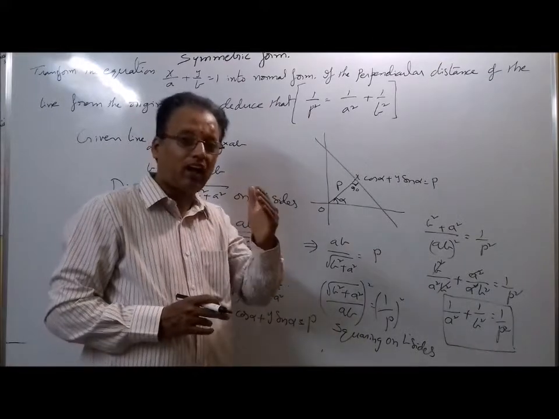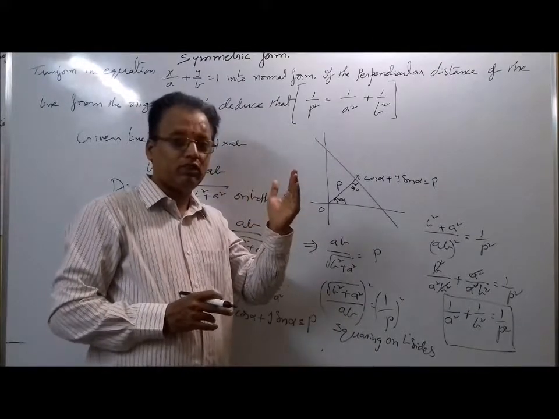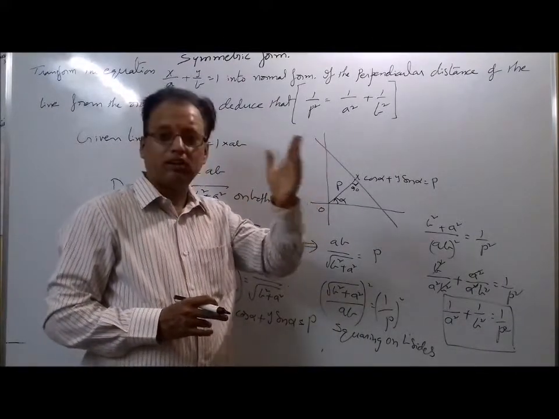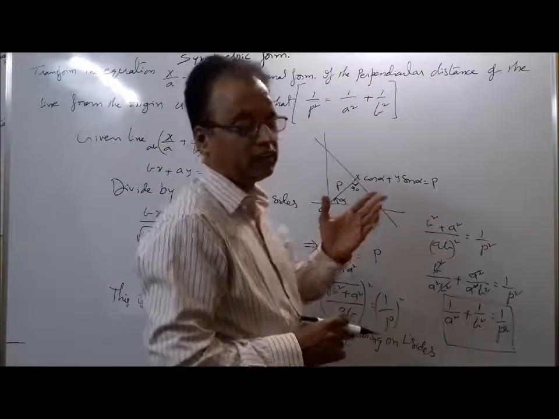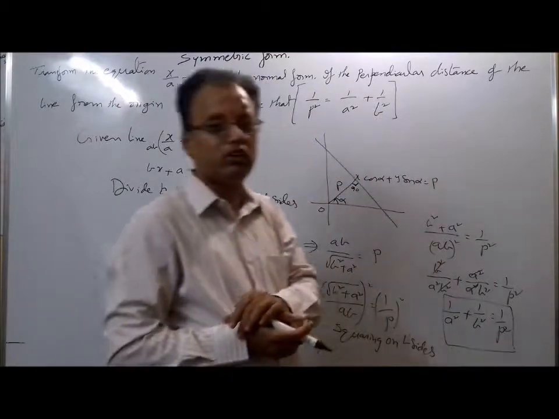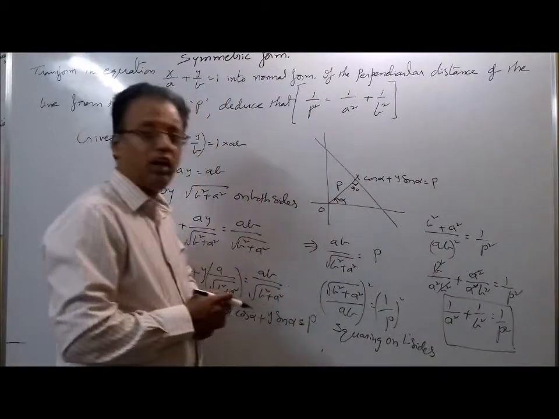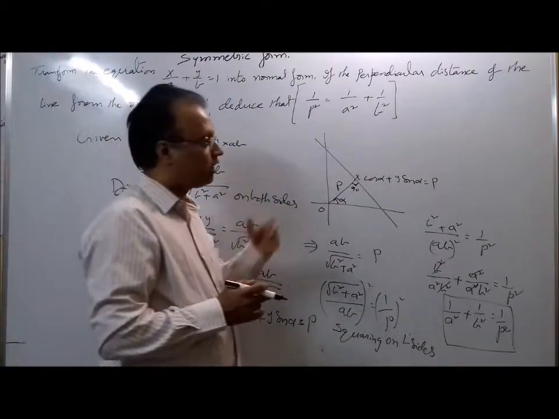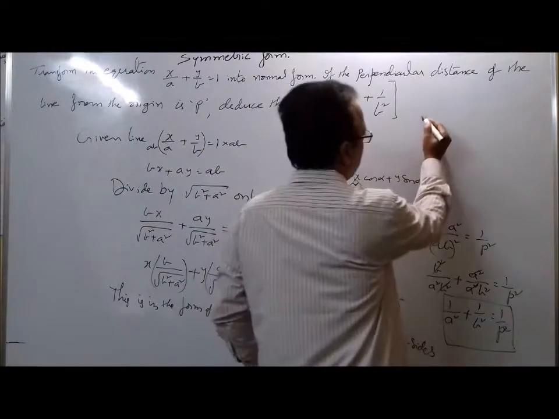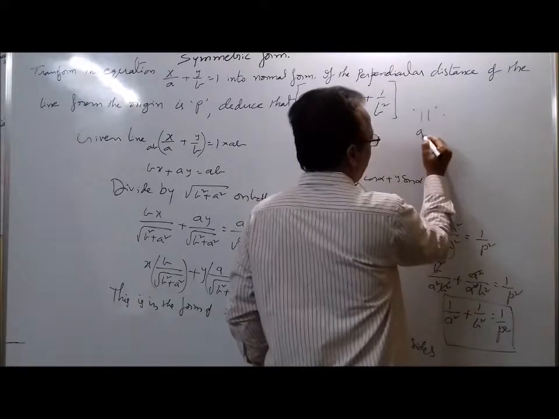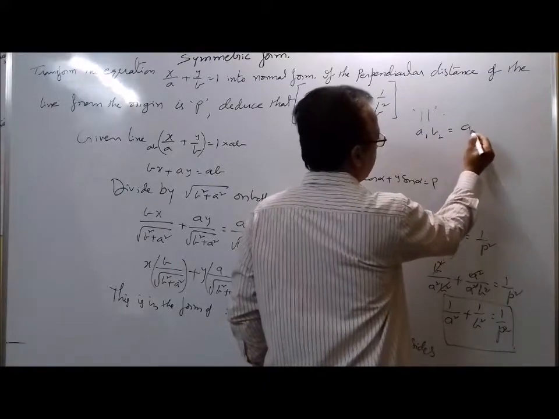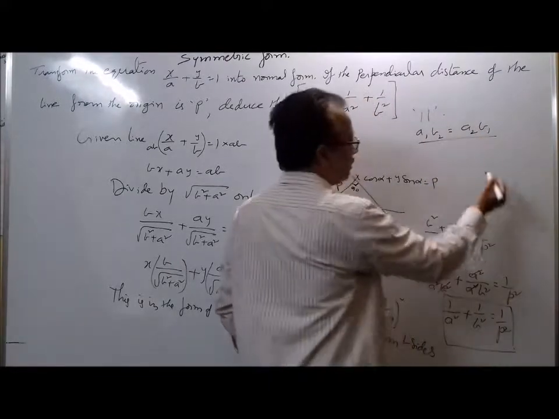When the lines are in the general form, a1 x plus b1 y plus c1 equal to 0 and a2 x plus b2 y plus c2 equal to 0, then when the lines are parallel, a1 b2 is equal to a2 b1, we got.